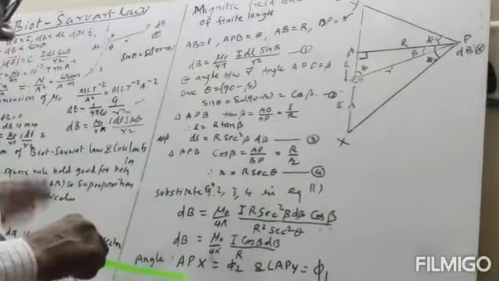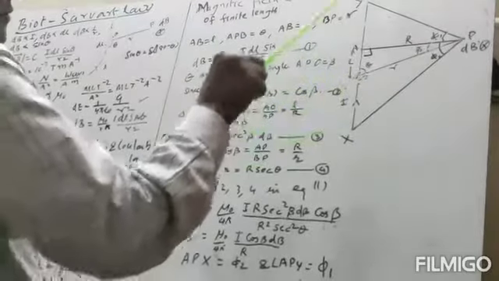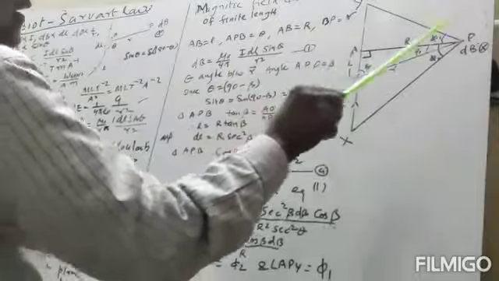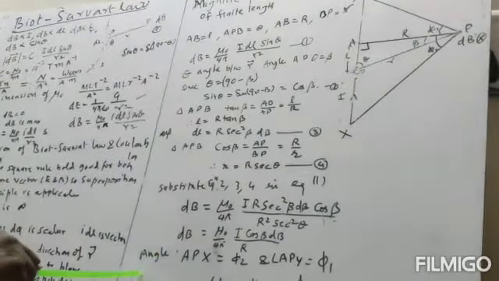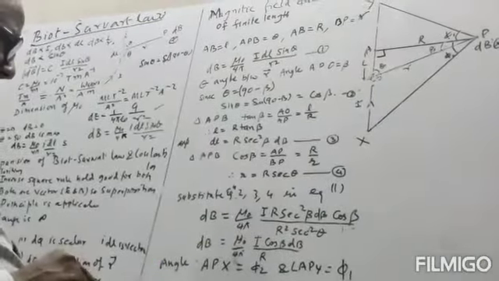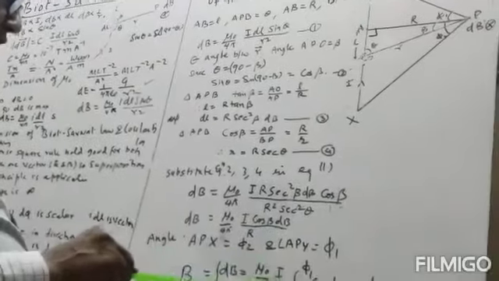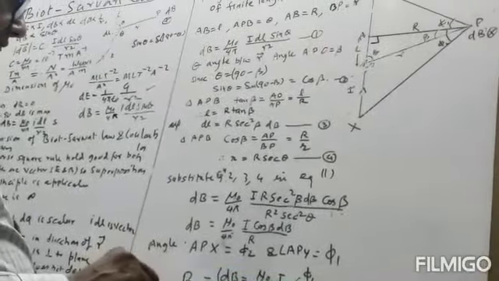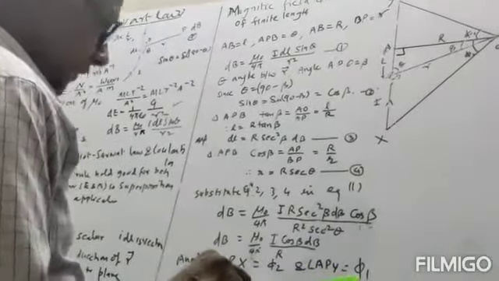So here angle APX is phi 2, APY is phi 1. Here we integrate it. So B will be equal to mu 0 by 4 pi, I is constant, R is constant. So the integral inside is cos beta d beta.